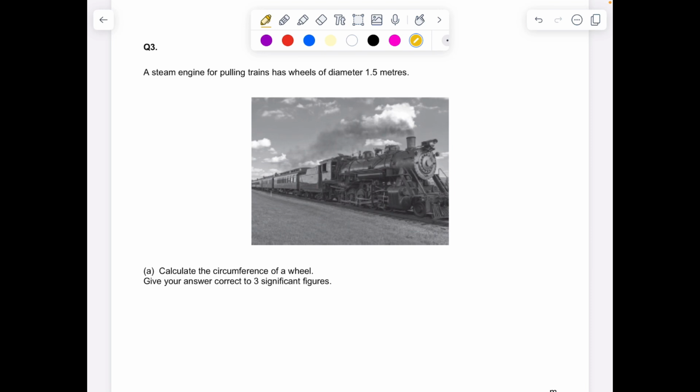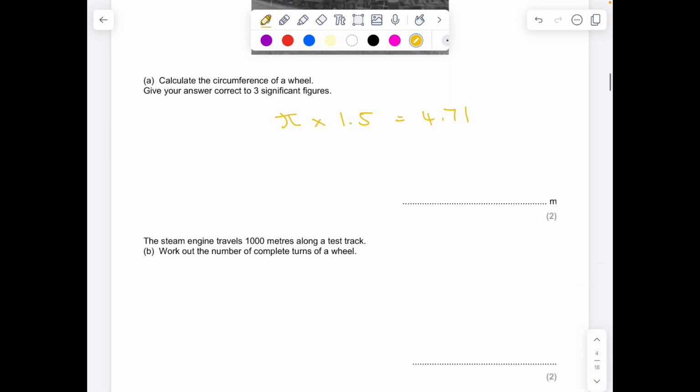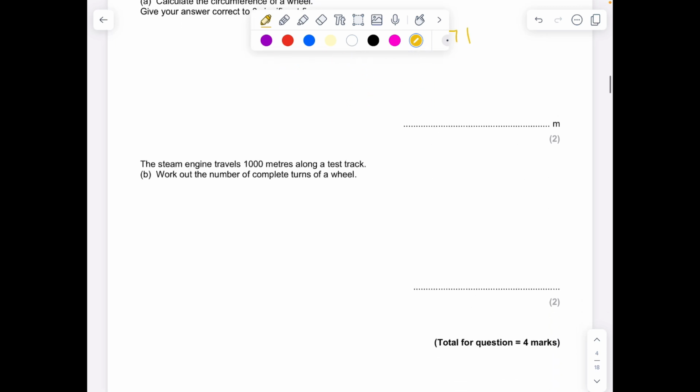Now we have only the diameter, and so we are just going to do pi times the diameter, which we know is 1.5. So pi times 1.5 to 3 significant figures is 4.71. Okay, so 4.71 meters.